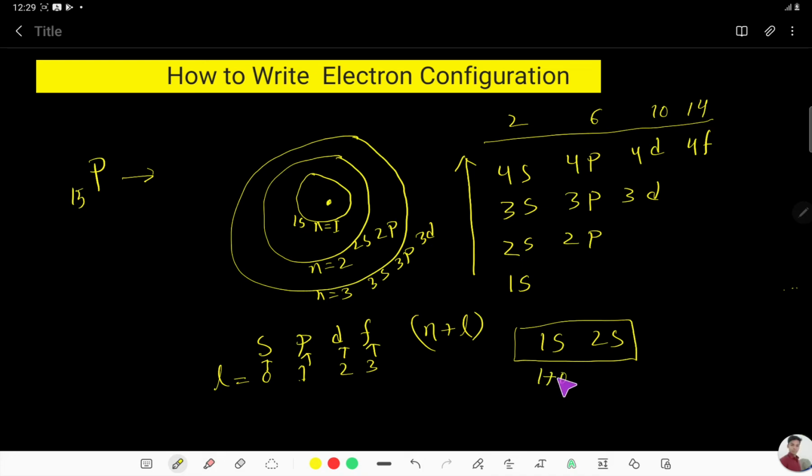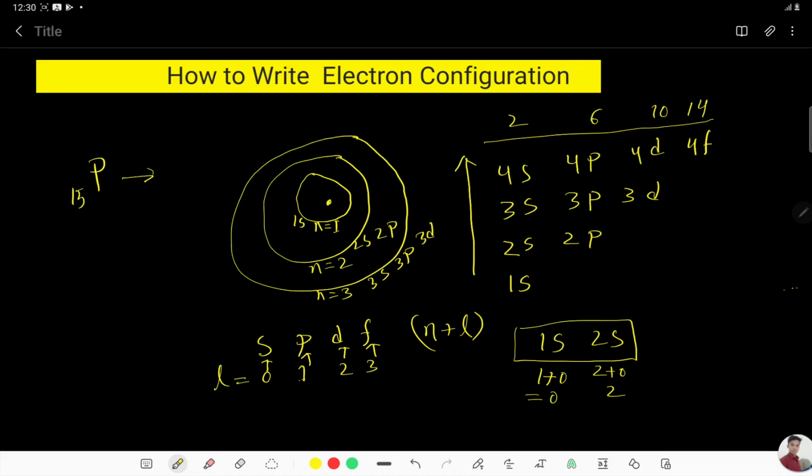For 2s we get 2 plus 0, that is 2. So the value of n plus l is greater for 2s, so the 2s subshell has more energy than 1s.